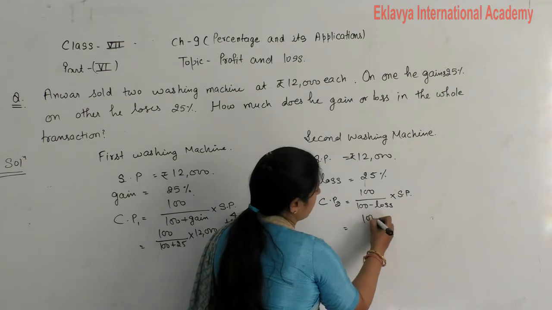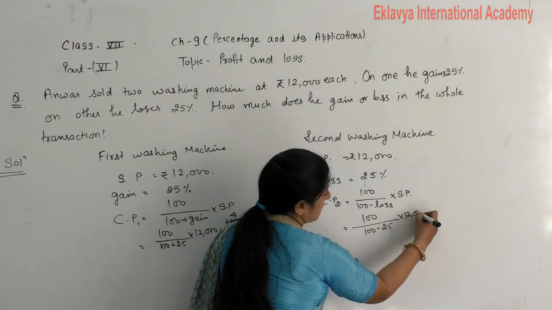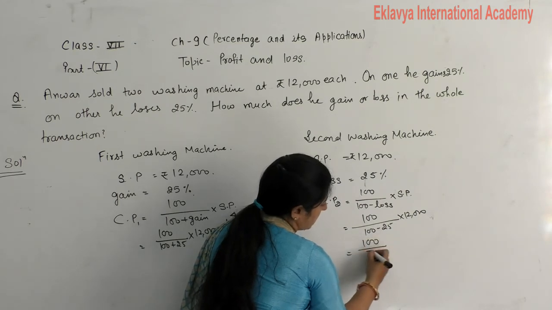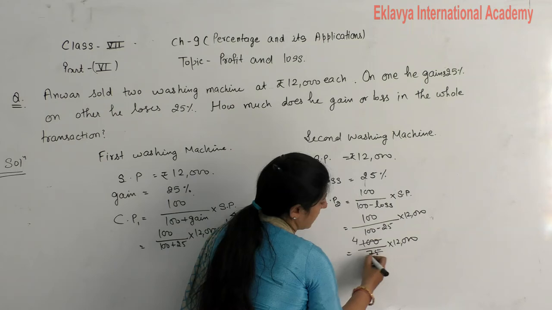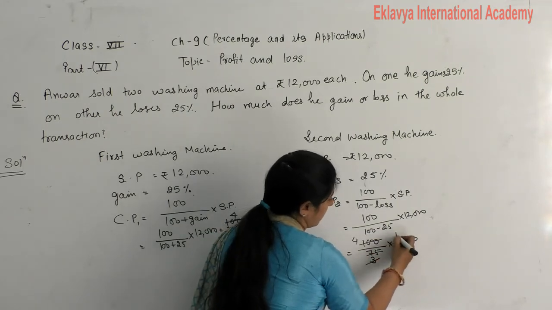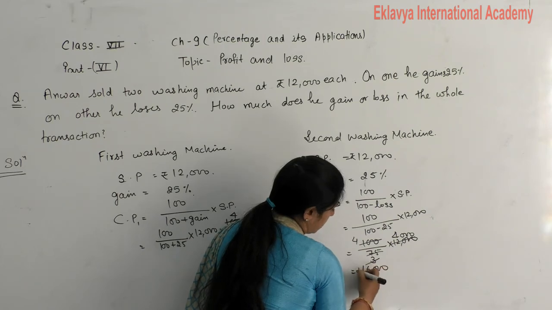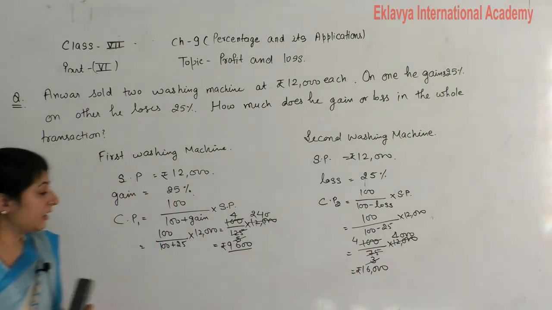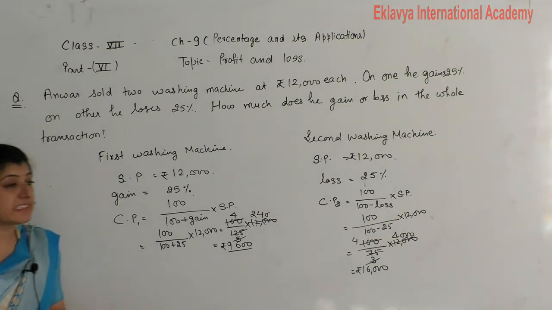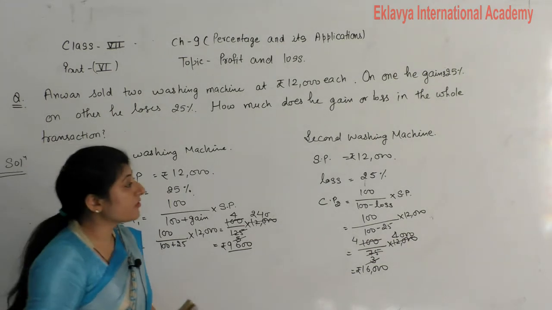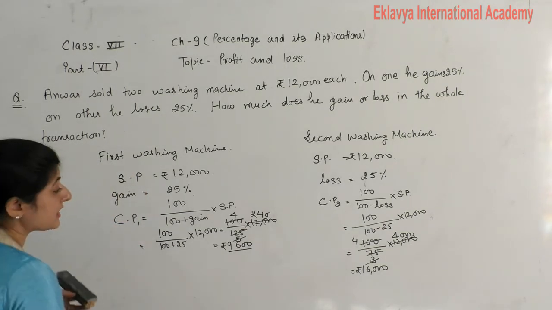Now find out here 100 upon 75 multiplied by 12,000. 25 4s are 100, 25 3s are 75, that gives rupees 16,000. It means cost price of first washing machine is rupees 9,600, and cost price of second washing machine is rupees 16,000.